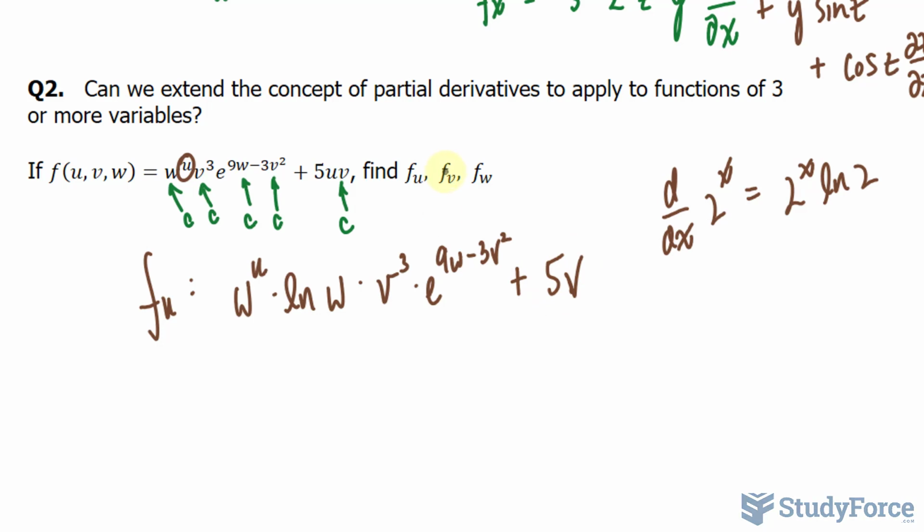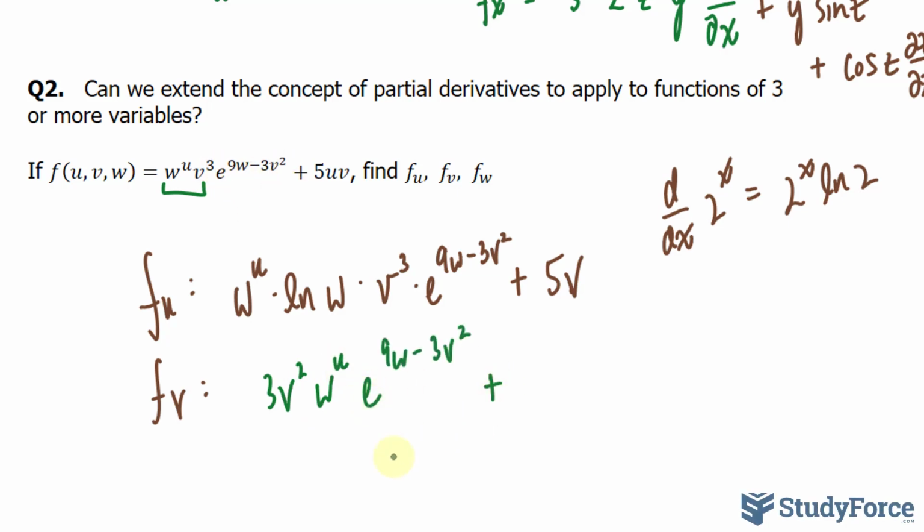Now let's find f sub v. To find the partial derivative with respect to v, we have to use the product rule, because we have v here and v here. We'll take the derivative of these two factors. We end up with 3v squared w to the u, and we'll leave that part the way it is.